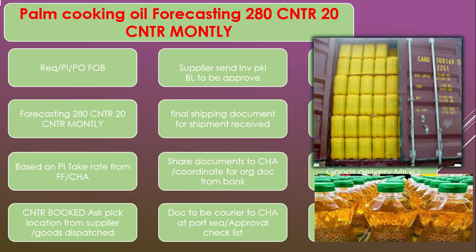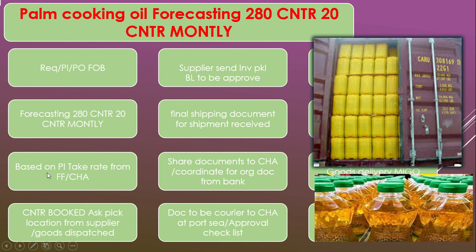So we have the forecast, and we also share this forecast with the supplier on a monthly basis. The supplier will dispatch these 20 containers, and as per our handling capacity we can place orders of 20 to 30, 40 containers monthly. So we start this process.